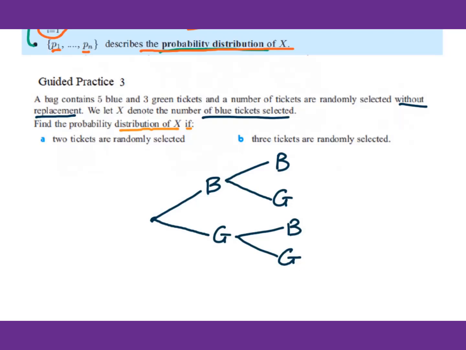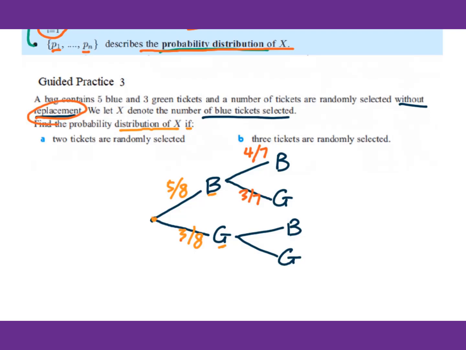Let's draw the tree diagram. B stands for the blue tickets, G stands for the green tickets. Blue ticket will be 5 over 8. This is 3 over 8. Then, since this is without replacement, it will be 4 over 7, and 3 over 7.